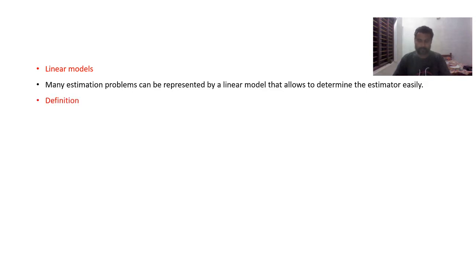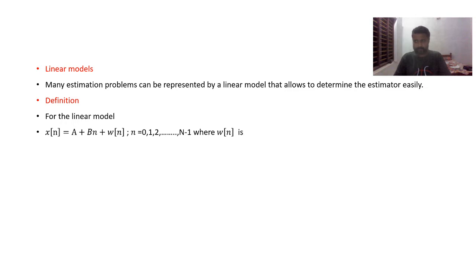For the definition of the linear model, I will just take the observation of a line fitting: x of n is nothing but a plus bn plus w of n, where w of n is white Gaussian noise, with n equal to 0, 1, 2, up to n minus 1. For the linear model, x of n is a plus bn plus w of n, where n is 0, 1, 2, up to n minus 1, and w of n is white Gaussian noise.